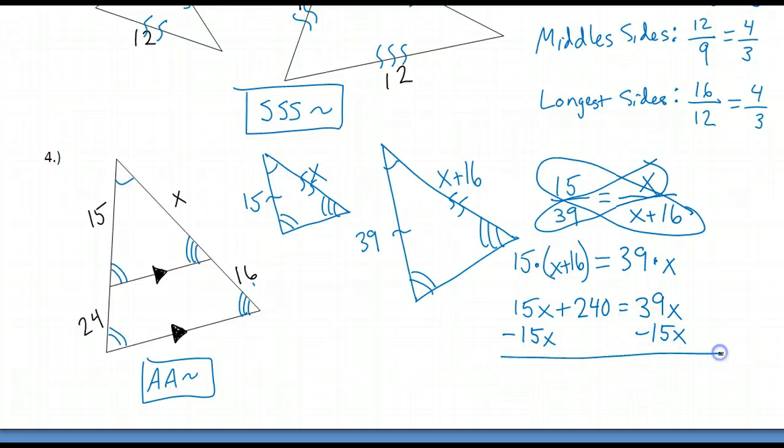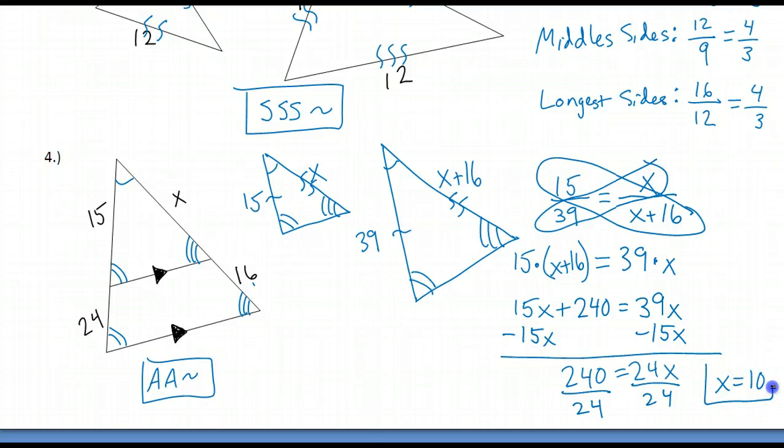Subtract 15x from both sides. 240 equals 24x. Divide by 24. X equals 10.